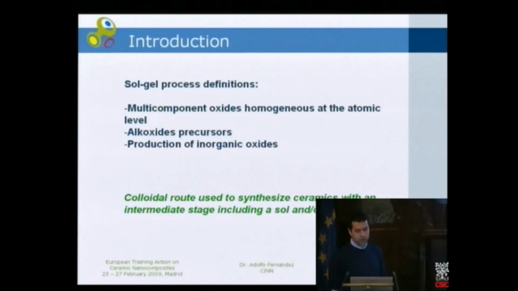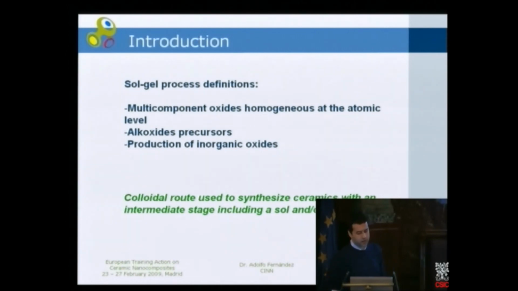There are several definitions for the Sol-Gel processing. For example, sometimes its definition is related with the product that is going to be obtained, and is defined as the method for preparing multi-component oxides homogeneous at the atomic level. Sometimes the definition gives more importance to the precursors that are used, and it is only considered a Sol-Gel process if alkoxide precursors are used.